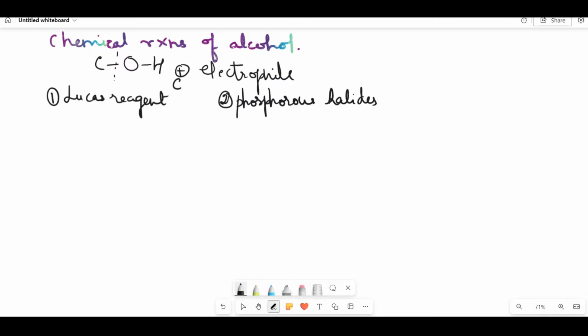The third one is dehydration. The last one will be oxidation. Let us see this one by one.